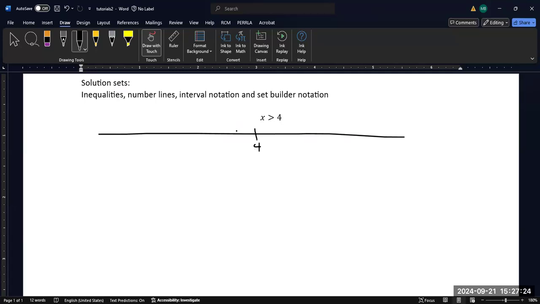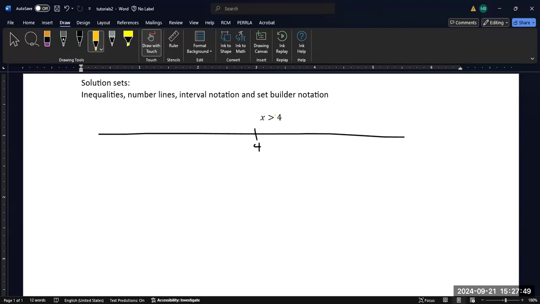Now you could add additional information like 3, 2, 1, 0, but for our purposes, that doesn't really help us to determine what parts of the number line are included and what parts aren't included. The number line always goes from the smallest end to the largest end, and so we work with that. So 4 is the place where we have the cutoff.